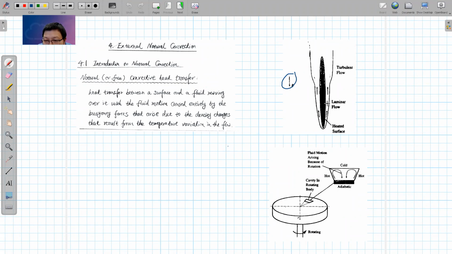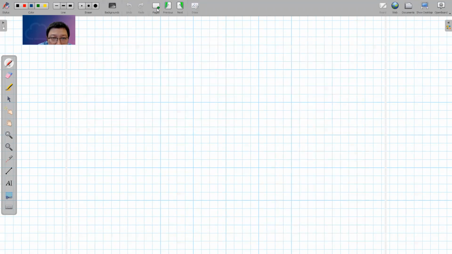It may consider both the laminar flow region and the turbulent flow region. And this Reynolds number can also be used to determine if the flow is laminar or turbulent. So we can set a critical Reynolds number to determine the flow region. And we will talk about this part later when we talk about turbulent convection.